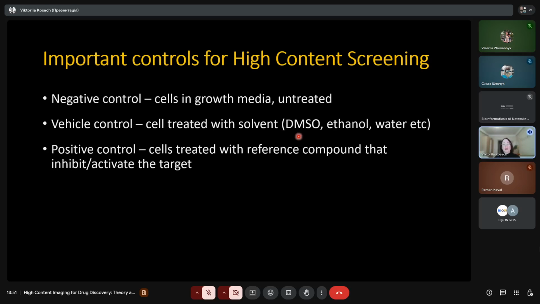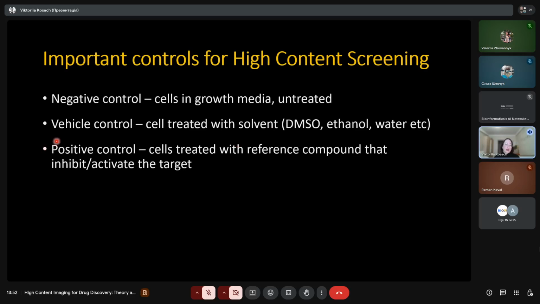The most common one is DMSO, but it could be ethanol, water, or other things. So you need a control for just the solvent, just a percentage of solvent in your media, to see if it influences cell health.